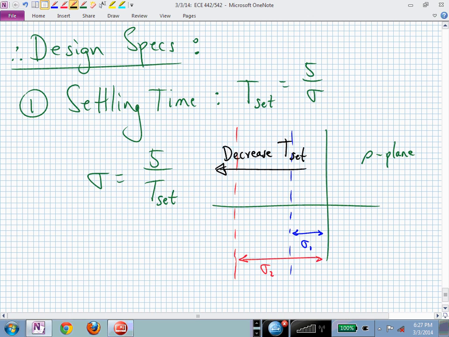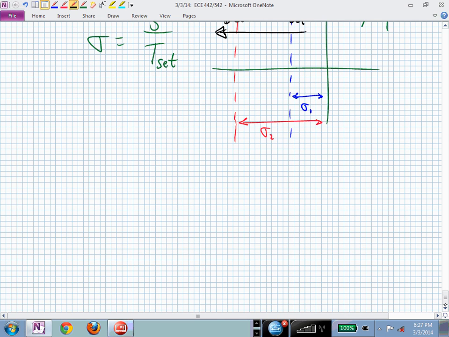That gives us an e to the minus 6 versus an e to the minus 2.4 t. E to the minus 6 is much faster than e to the minus 2.4 t. That's our settling time.